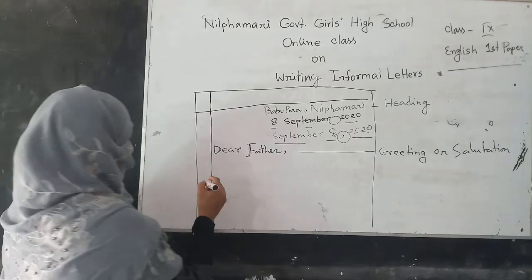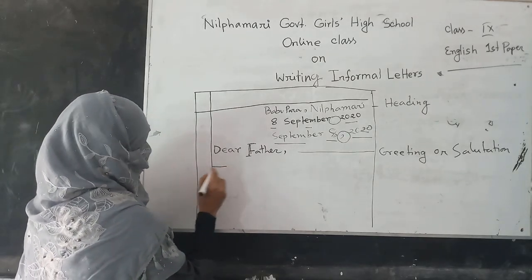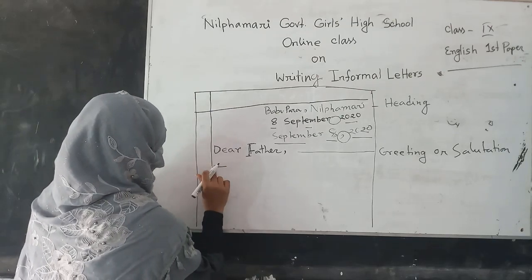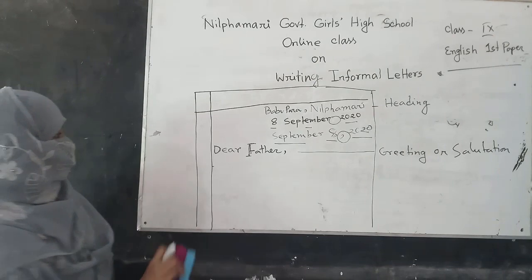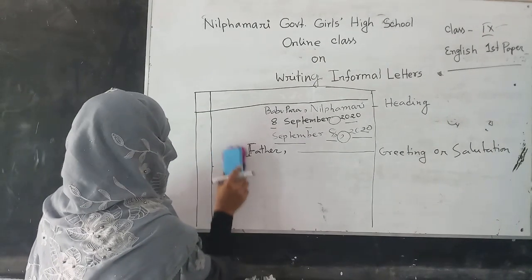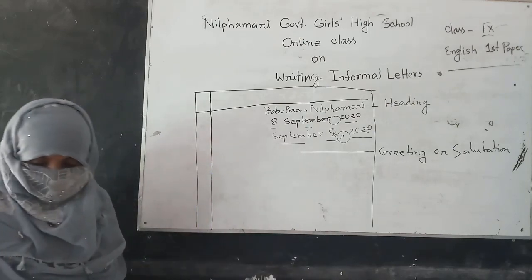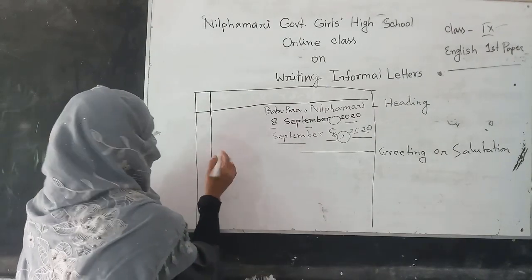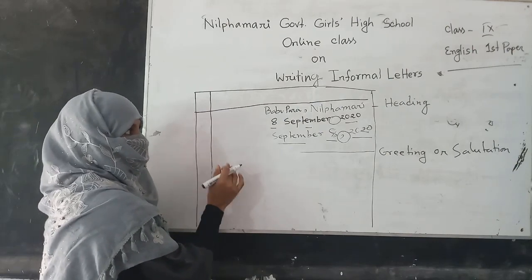And next we are going to the third part, that is the body. I'm sorry students, here you have to notice another thing. In British style, you have to keep space just at the right side of the margin.